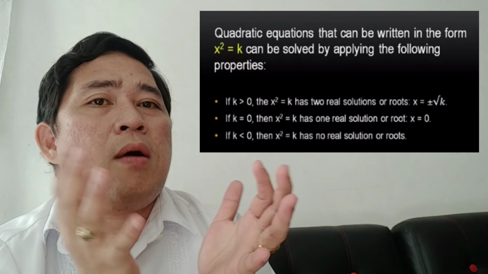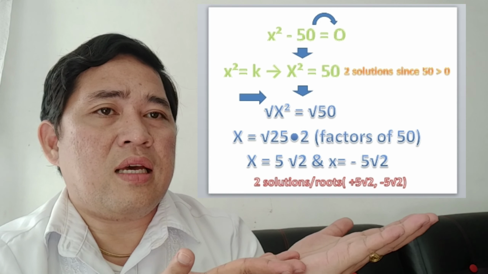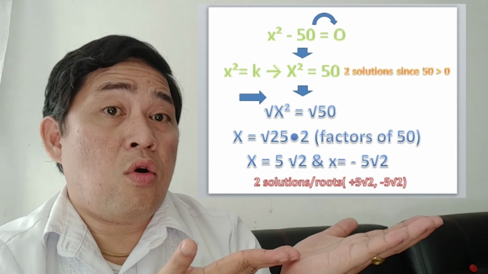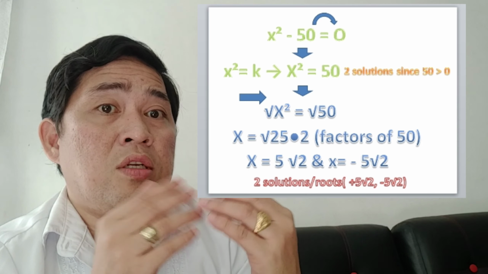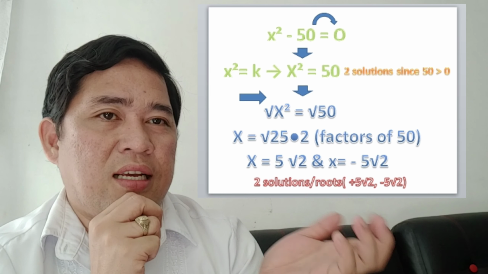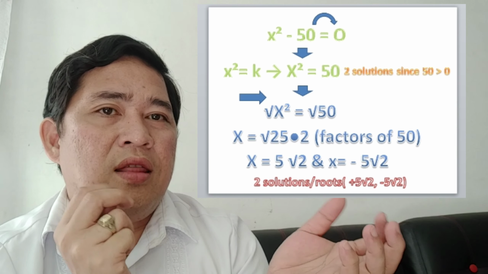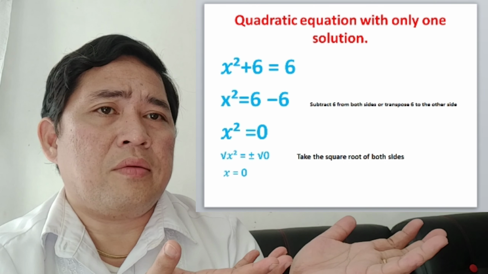Okay, so let's go back to the example. Since the result is more than 0, it has two solutions. It can be denoted by using the two signs, positive and negative. How about if the answer is equivalent to 0? Try to look at this example.